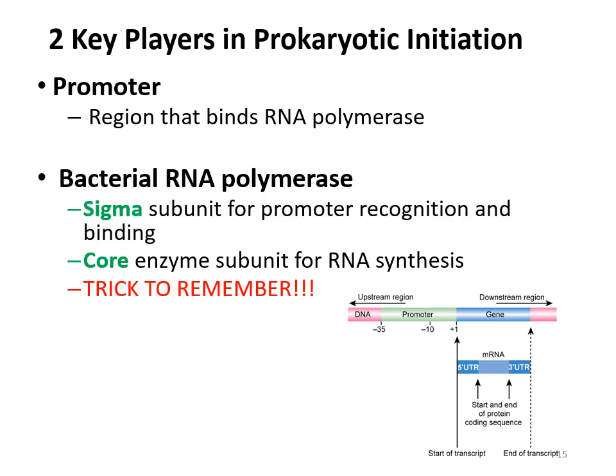Now, the RNA polymerase that's responsible for actually transcribing or making the RNA is made up of two subunits, and there's a trick to remember which subunit's doing what. For sigma, I always write sigma sees the promoter. So I underline that S and think sigma sees the promoter because that's the subunit that actually recognizes and binds to the promoter to start transcription.